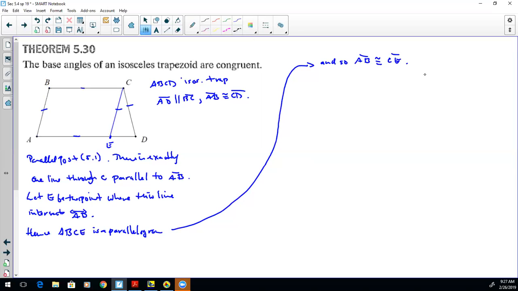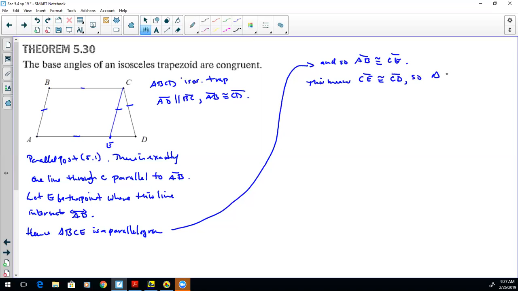Well, let's look at what's going on over here on the right-hand side. Since AB is congruent to CE and AB is congruent to CD, this means that CE is congruent to CD.